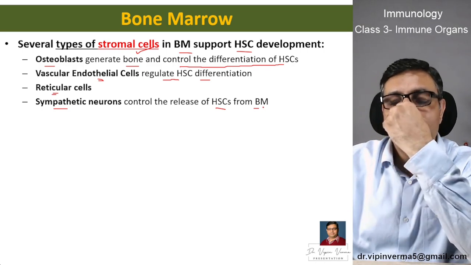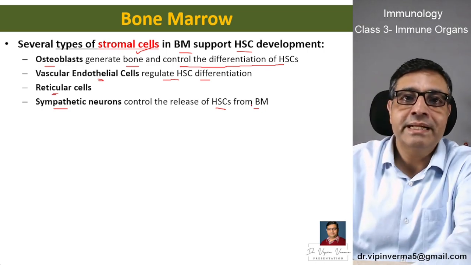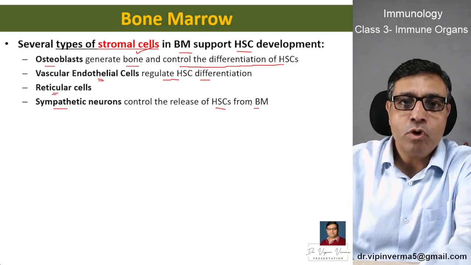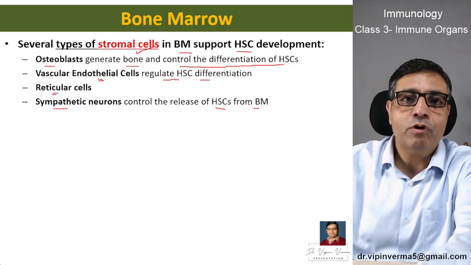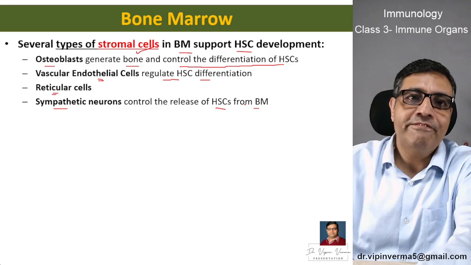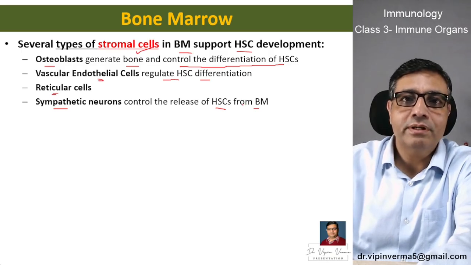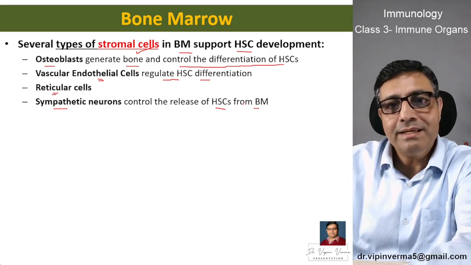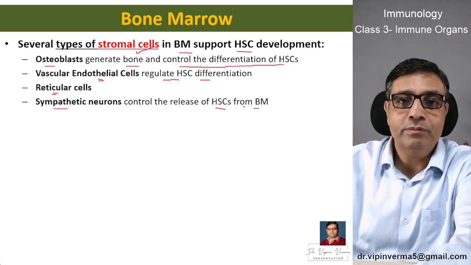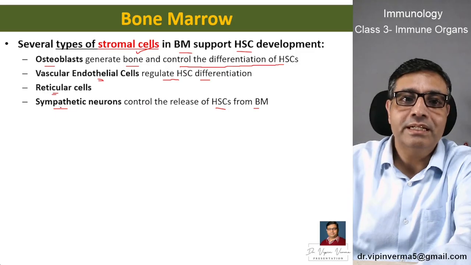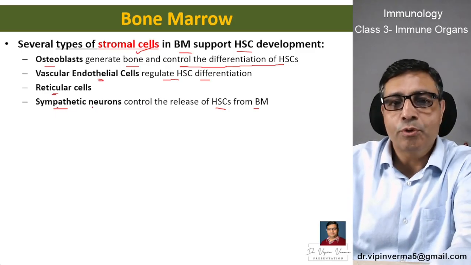Now I think you remember the case where, in the circadian cycle, in the morning hours, there was a burst of norepinephrine. This norepinephrine was responsible for the egress of many differentiated cells from the bone marrow. So this is under the control of the sympathetic neurons.